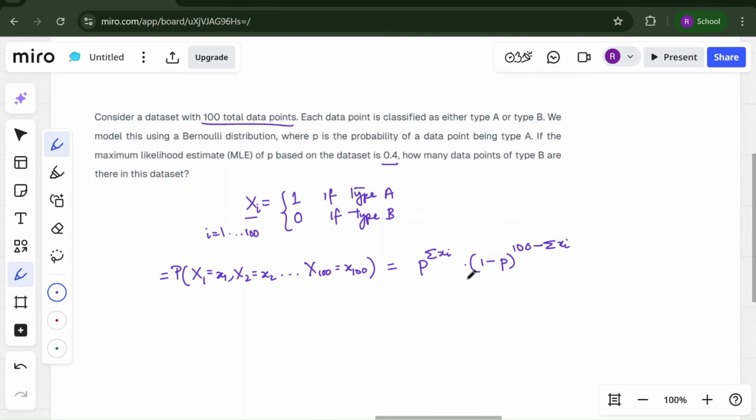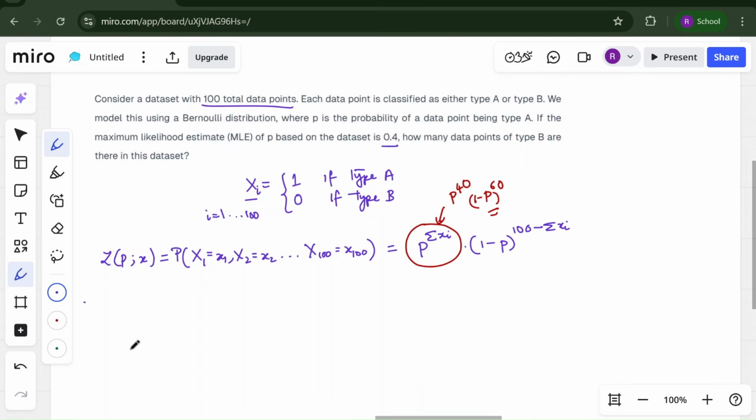Because if there are 40 of them belonging to type A, then this term will turn out to be p to the power 40, and this term will turn out to be 1 minus p whole to the power 60. So that is the idea, and this is nothing but the likelihood p of x.